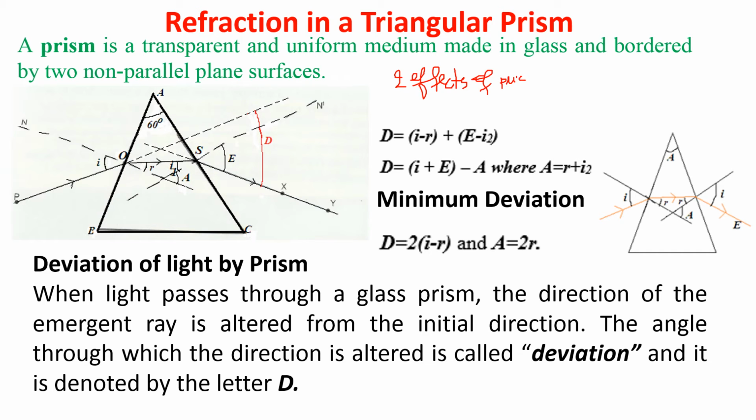Of prism on light. The first one is the deviation of light.